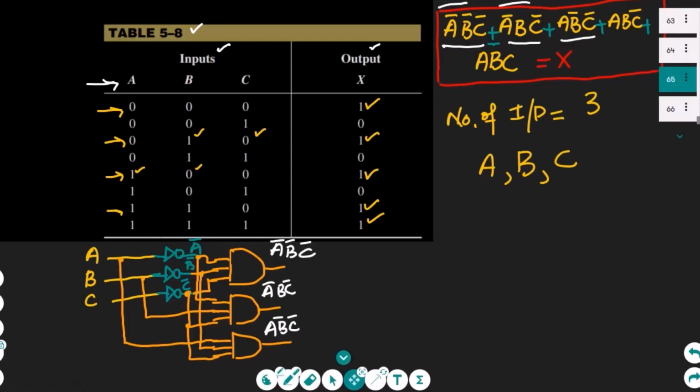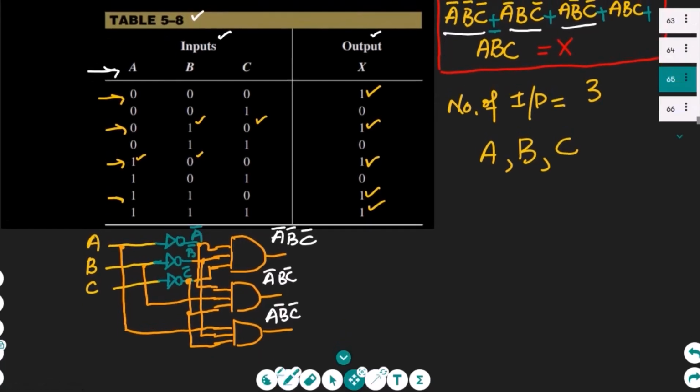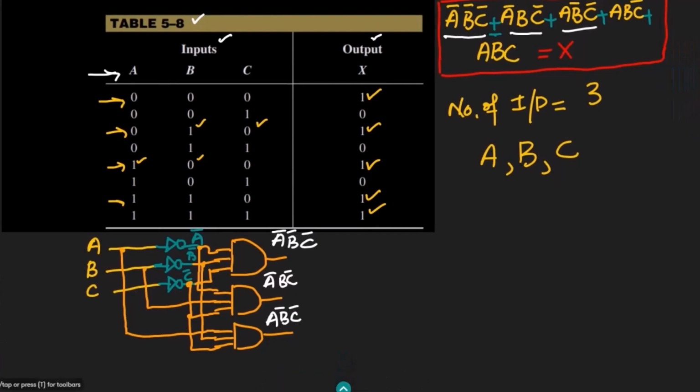Let me move somehow down as well. So here the other gate will be here, and here I will have again three inputs, and to this gate I will have here A, B, C complement.